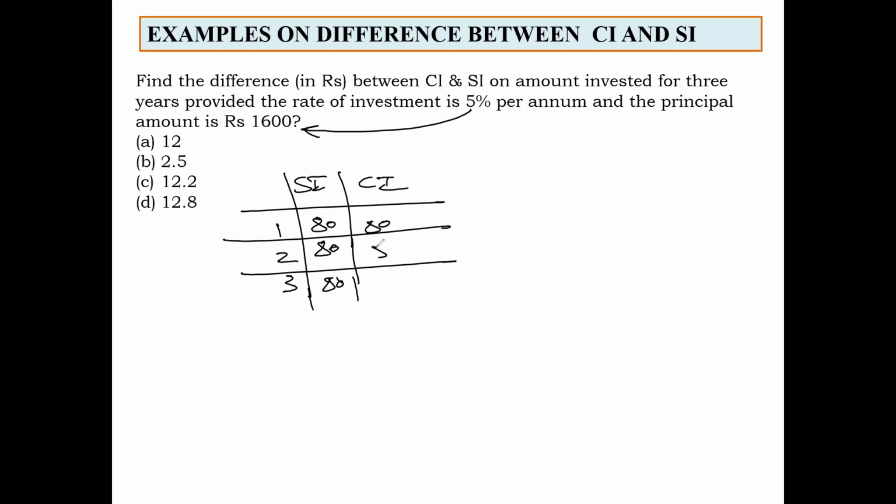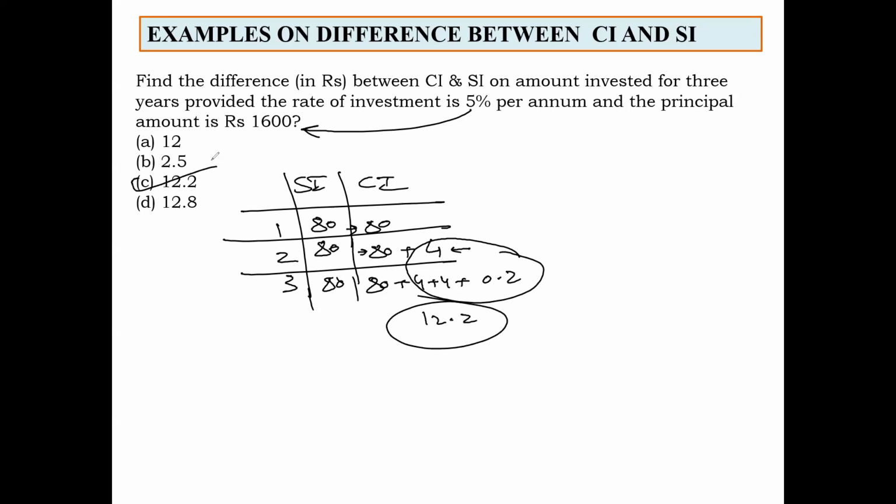Compound interest will be 80 in the first year. In the second year it will be 80 plus 5% of 80, which will be 4 rupees. Third year it will be 80 plus 5% of this, which is 4, plus 5% of this, which is 0.2. And therefore the total difference will be 4 plus 4 plus 4, 12, plus 0.2, which is 12.2. Right?